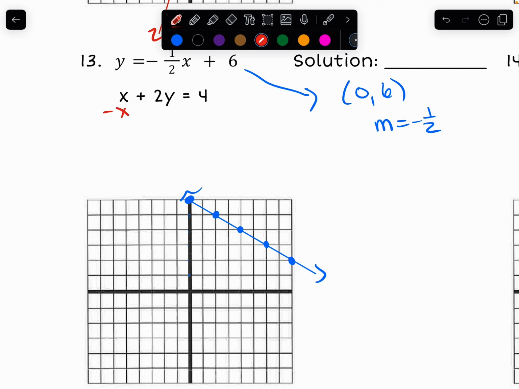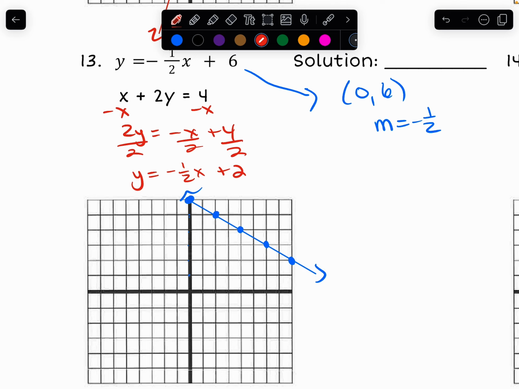So I'm going to subtract x. I'm going to get 2y equals negative x plus 4. I'm going to divide everything by 2. I'm going to get y equals negative 1/2 x plus 2. Did I do that right?